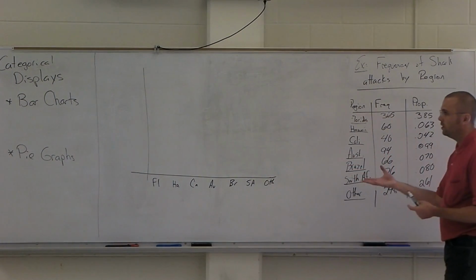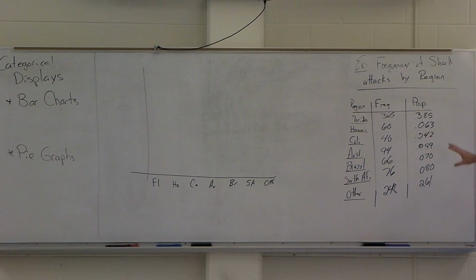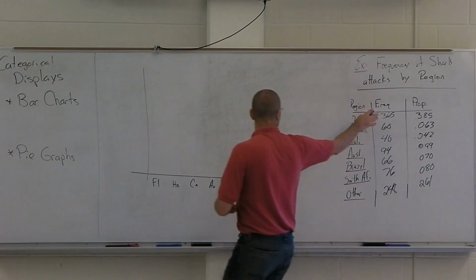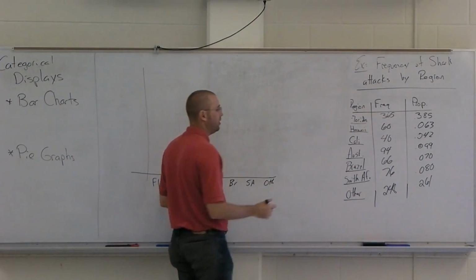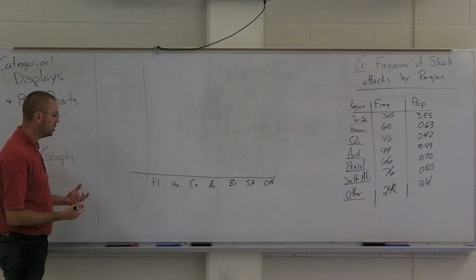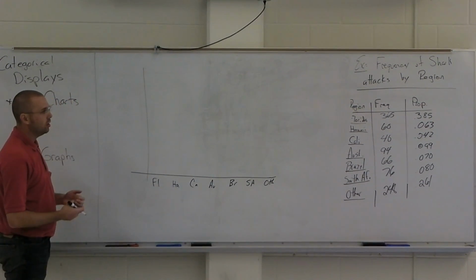To construct this bar chart, we need this frequency table. It tells us how tall to make each of our individual bars. In this case, we're going to use this frequency column to figure out how tall each of our bars should be. The Florida bar, 365.